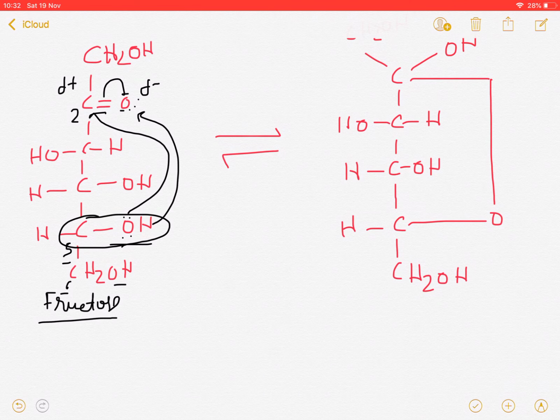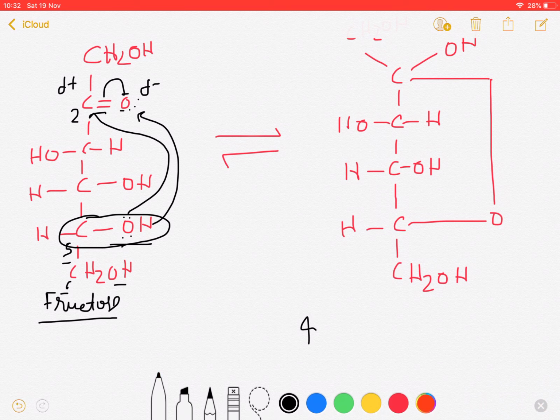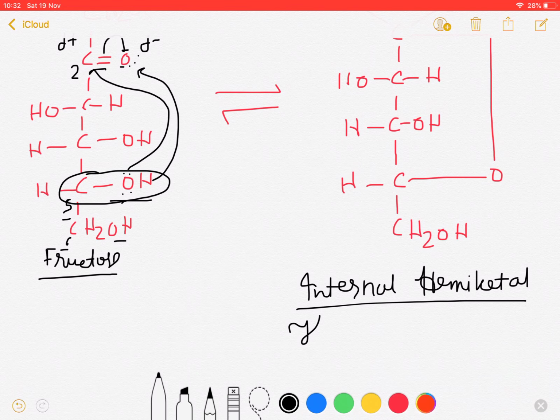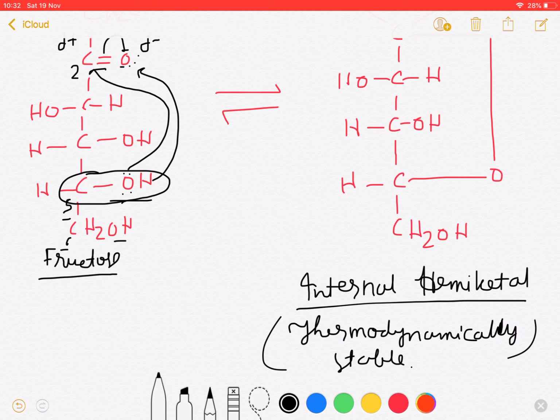So this is called an internal hemiketal, and this internal hemiketal form is thermodynamically stable.